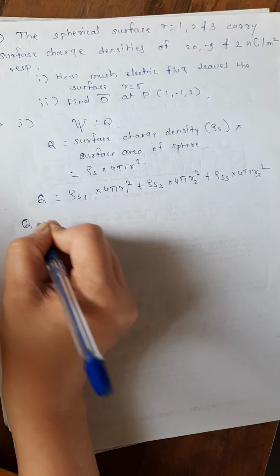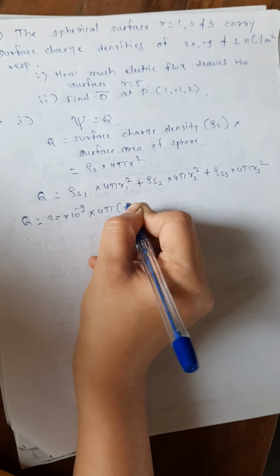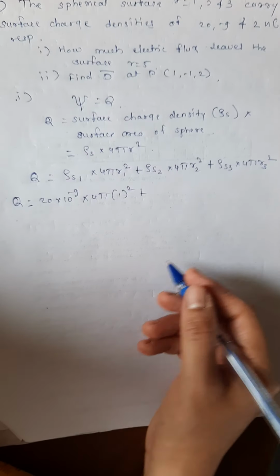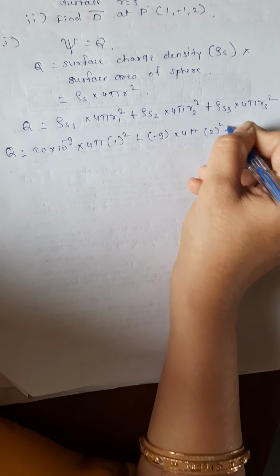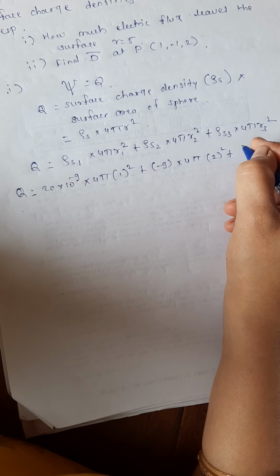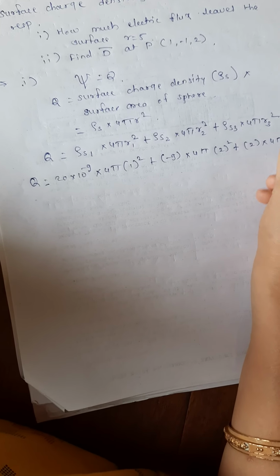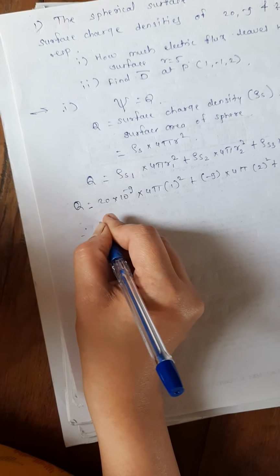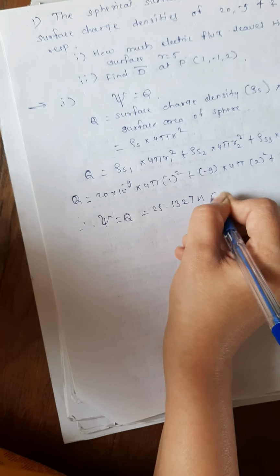So it is 20 into 10 raised to minus 9 into 4 pi 1 square plus minus 9 into 4 pi 2 square plus 2 into 4 pi 3 square. We solve this and we get 25.1327 nanocoulomb.